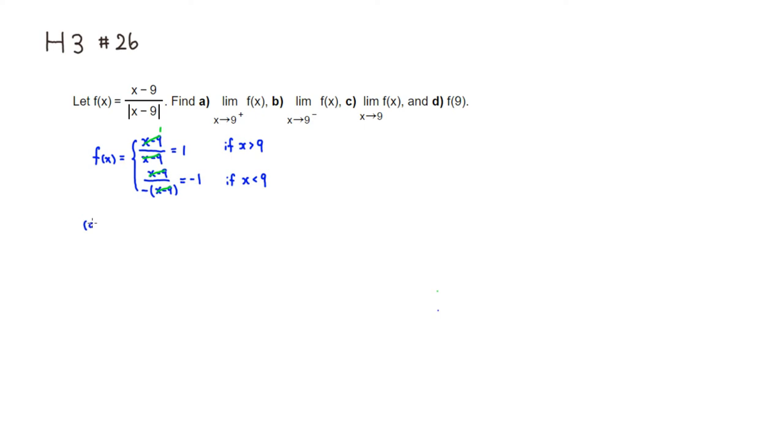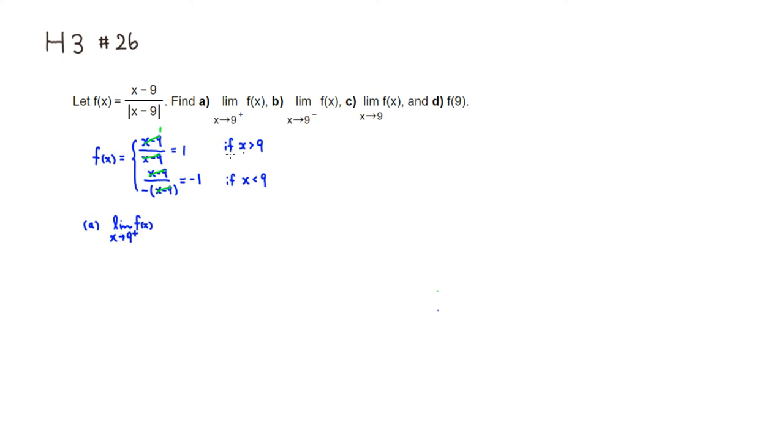For part A, we want to find the limit of f of x as x approaches 9 from the right, because of the plus sign. If x is approaching 9 from the right, you can think of x being slightly larger than 9.